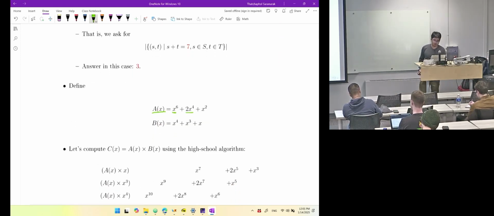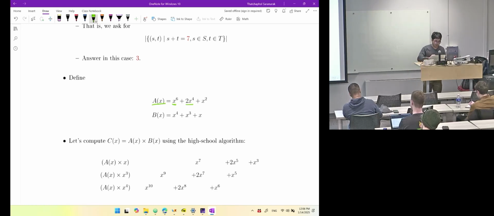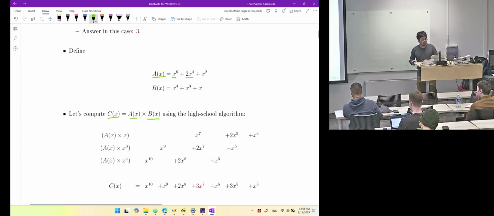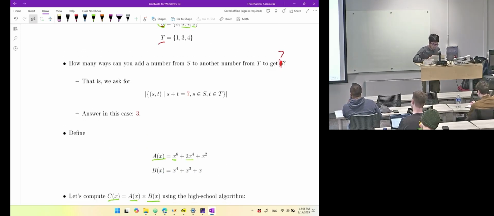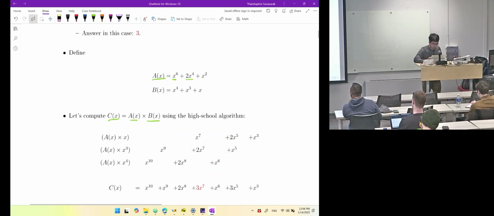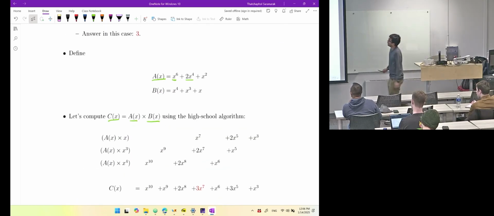And now let's see what will happen if we multiply these 2 polynomials, A multiplied by B, and I get C. Actually, I want to ask for 7 here. We have learned this in high school, I guess, how to multiply 2 polynomials.